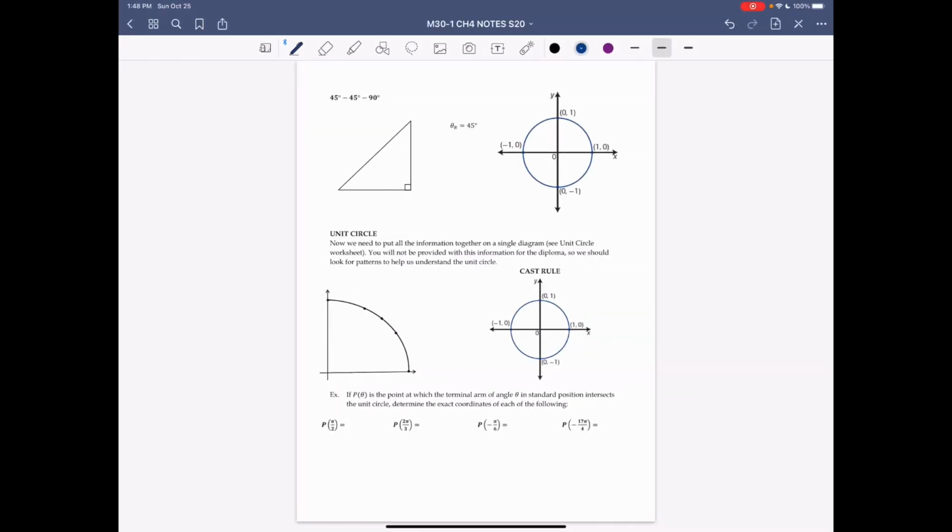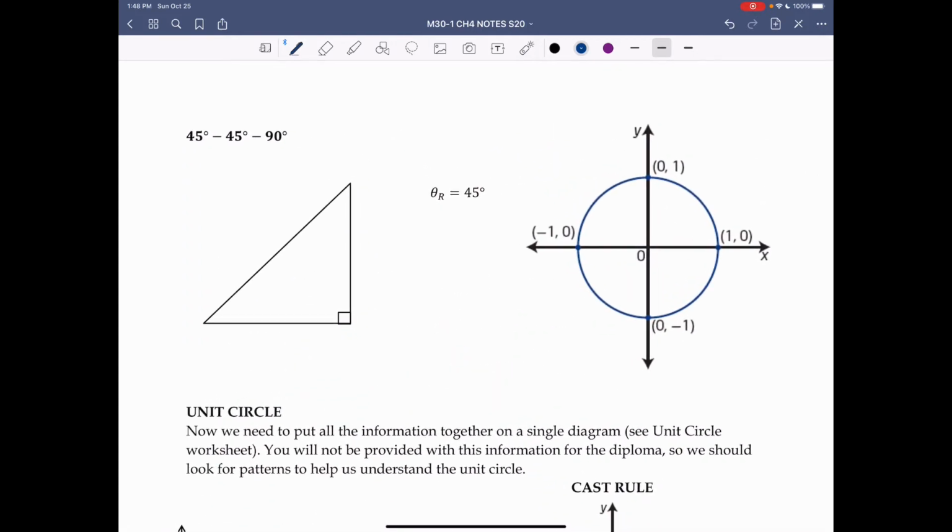The second special triangle we learned in Math 20-1 is a right isosceles triangle. Isosceles triangle means that two of the sides are the same.